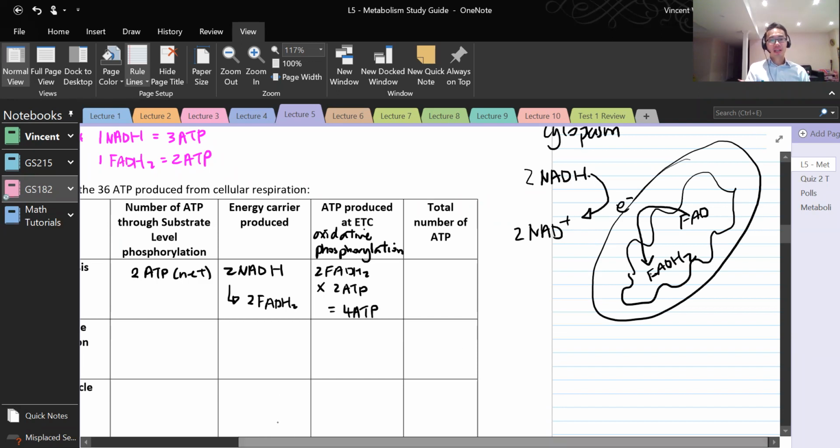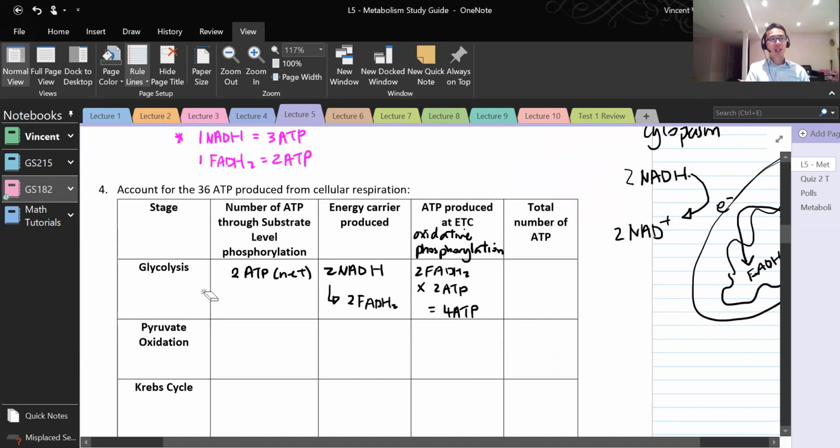So total number of ATP from glycolysis alone, we have 2 net plus 4, so that's 6 ATP. I never know whether to put an S at the end or not. It doesn't really matter. 6 ATP.